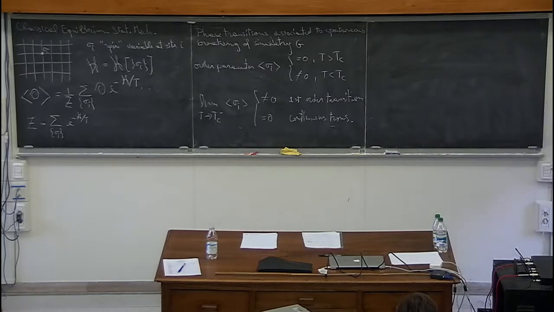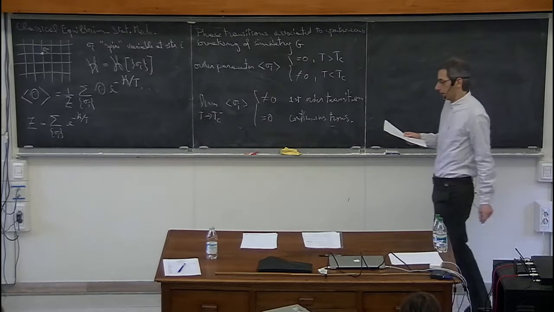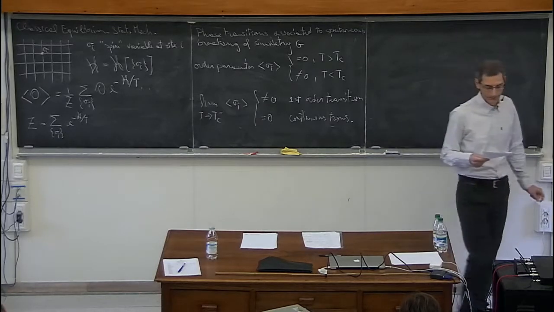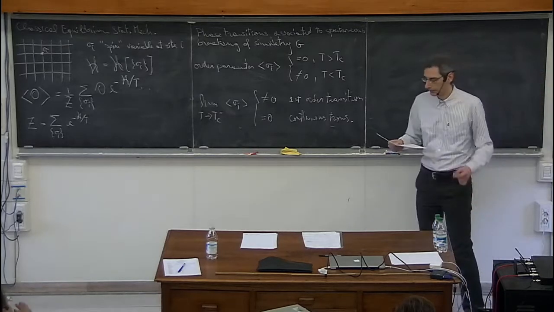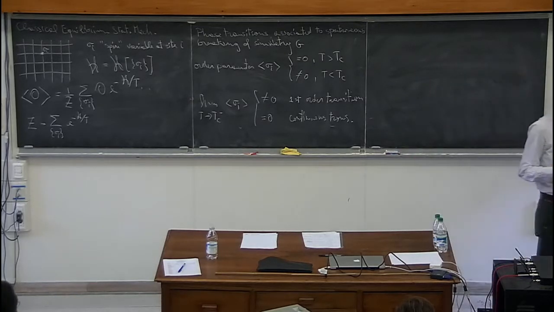Okay, with these basic definitions, now we can move towards specific models. We will enumerate a few of them, because we will play with them in the rest of the course.